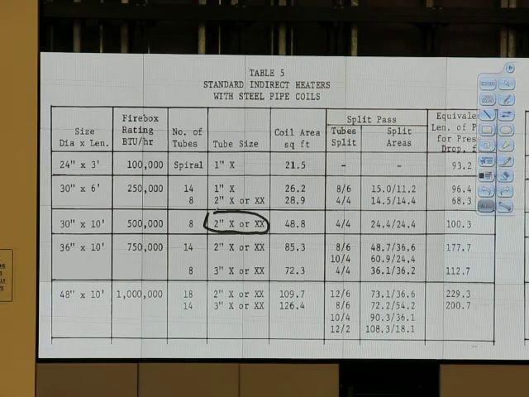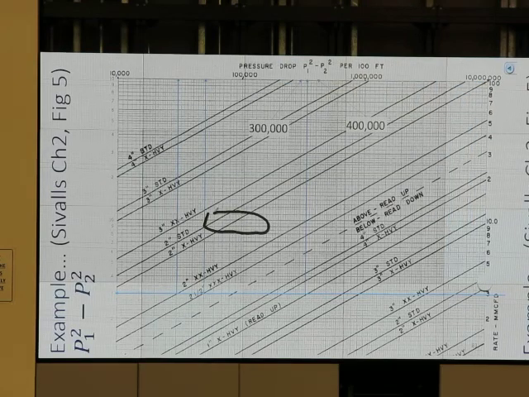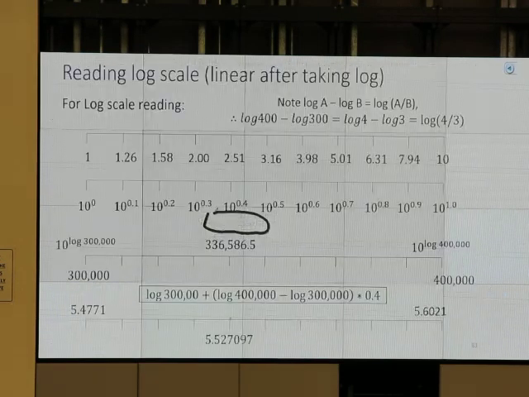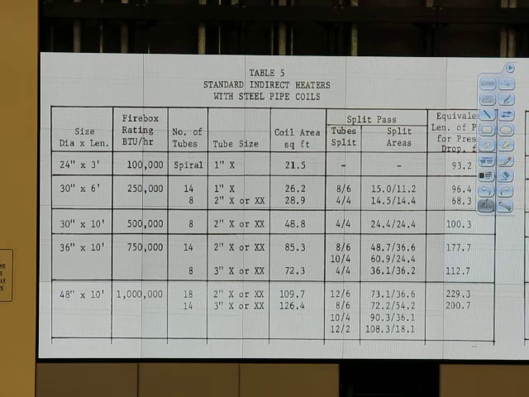Then we can go back to the pressure drop. Pressure drop, we look at the chart. This kind of chart. For 2 inch, which one do we use? We have X or XX. Which one are we going to do? X and XX has more to do with the pressure rating.